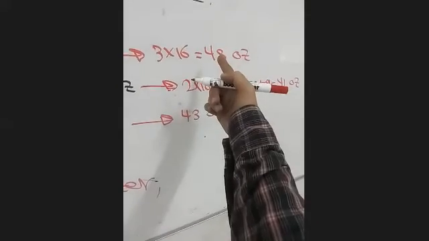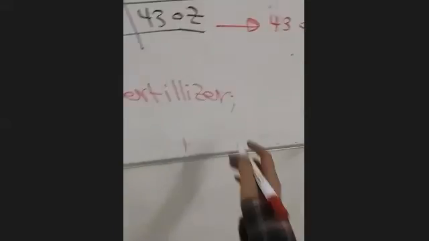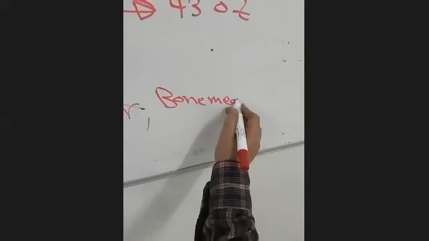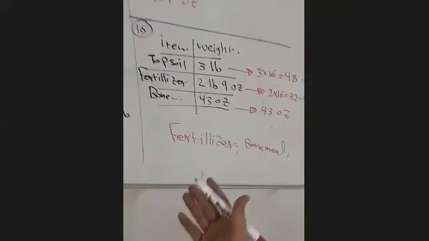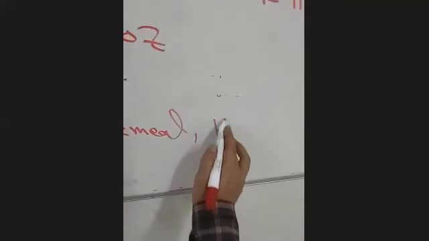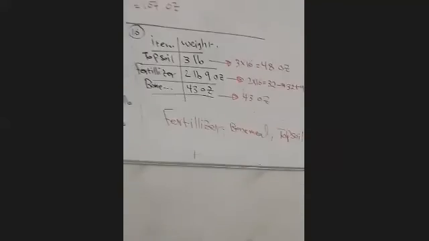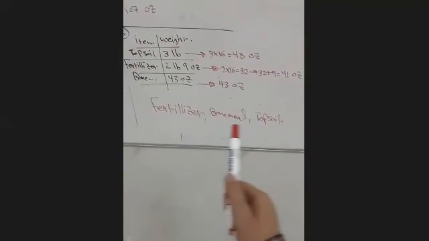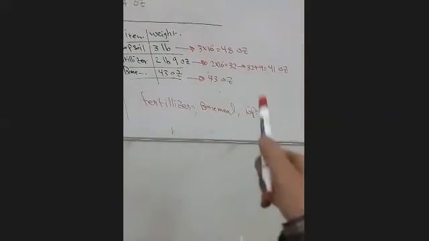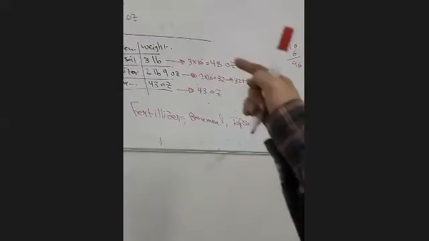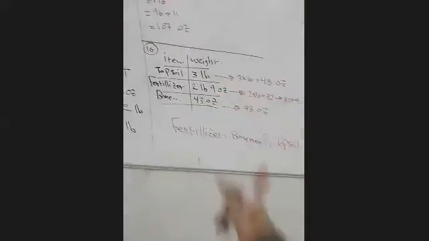Then topsoil, the greatest, is 48. So this is the order from least to greatest, depending on the weight of each of them.